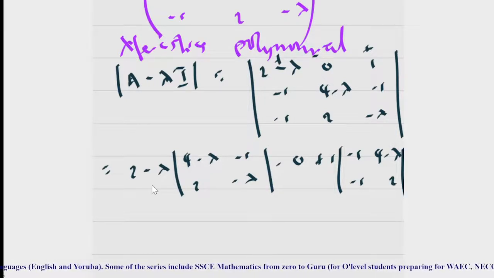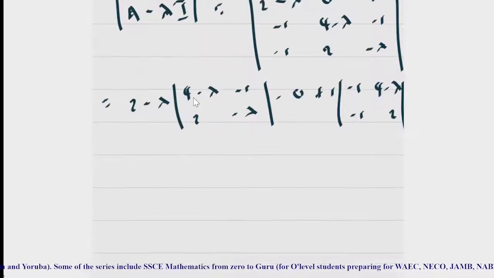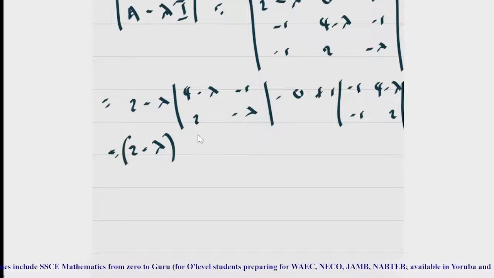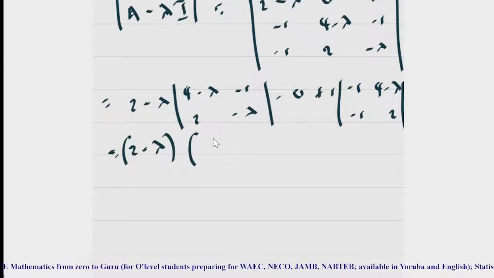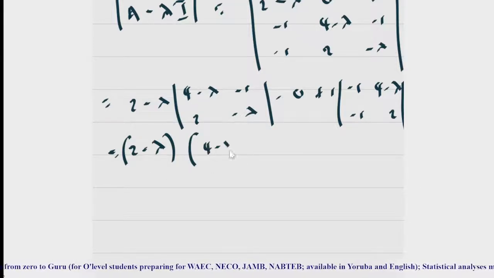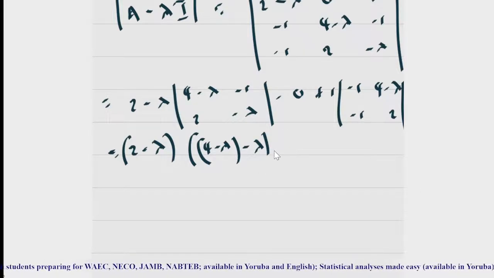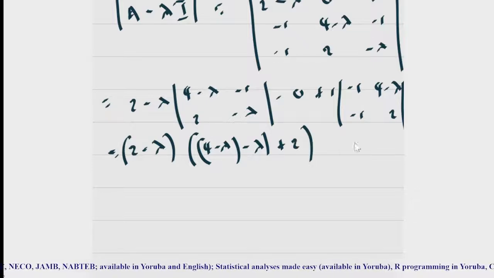So if you proceed from there, I'm going to have 2 minus lambda. Okay. So you know this one will give you 4 minus lambda times minus lambda. Since we are going to multiply, this is going to give me plus 2. I hope you understand now.